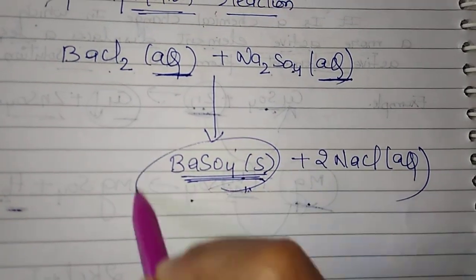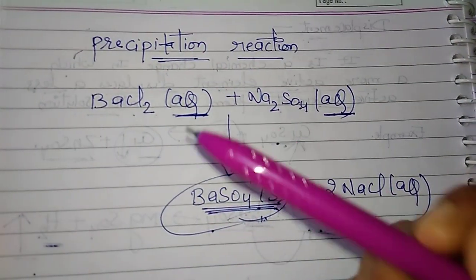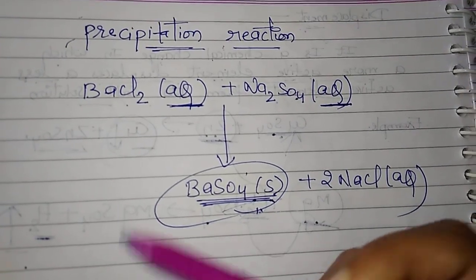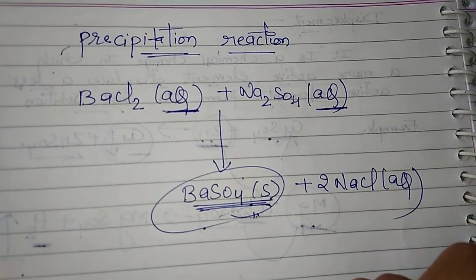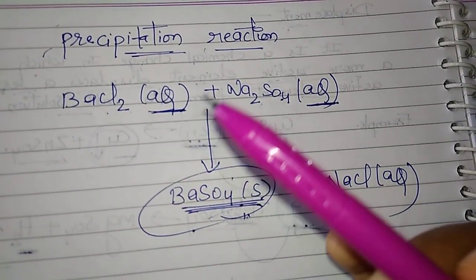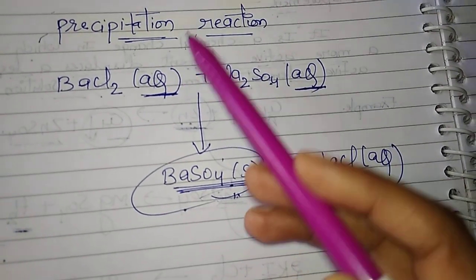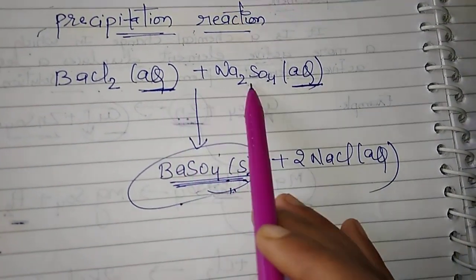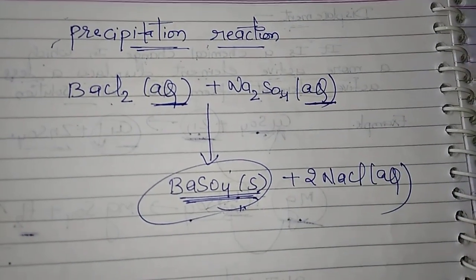What is precipitation? Precipitation is the sudden formation of a solid or insoluble substance. Precipitates are formed either when two solutions are mixed like this, or when a gas is bubbled into a solution.